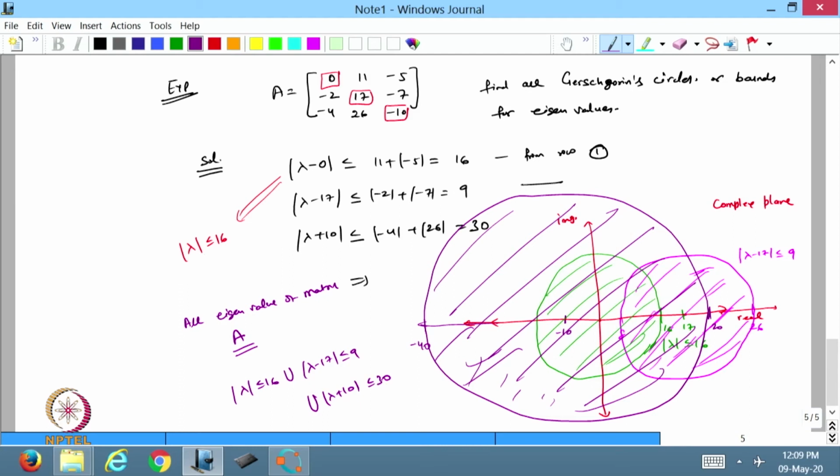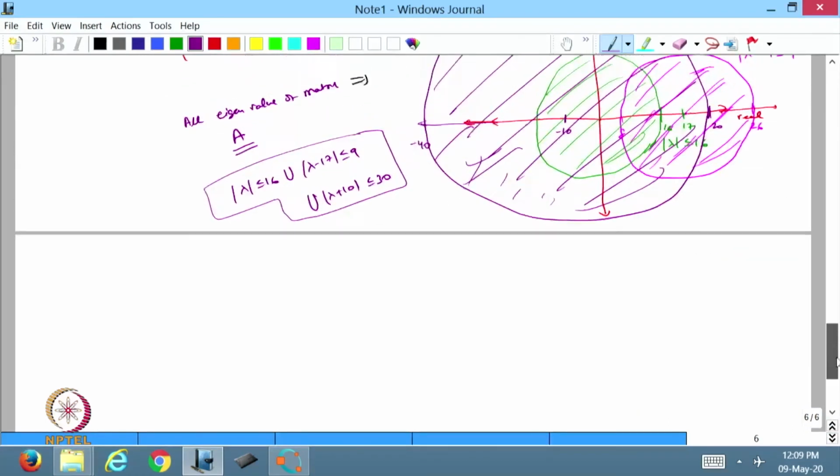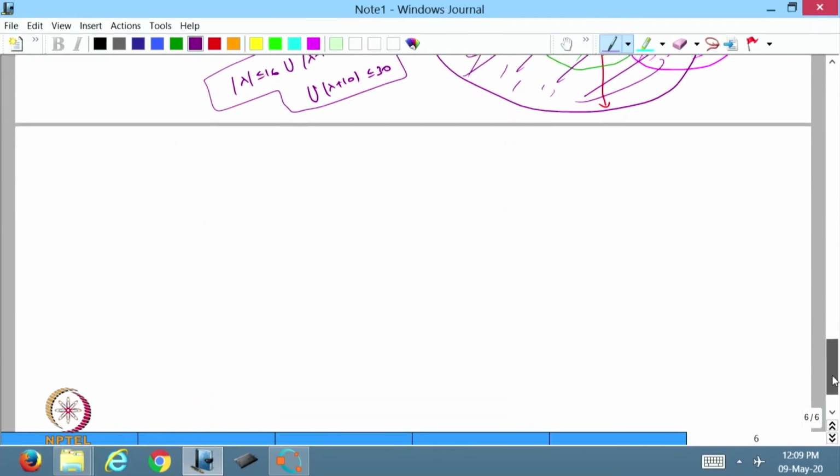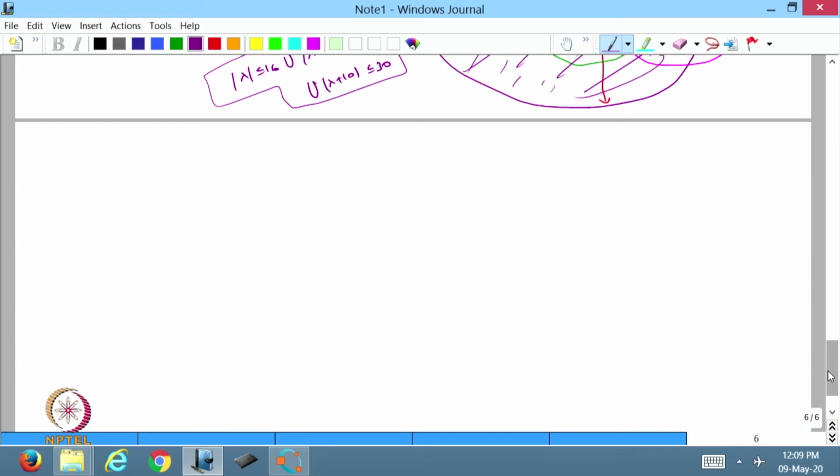So, from here I will get the bounds for all the eigenvalues of the given matrix.